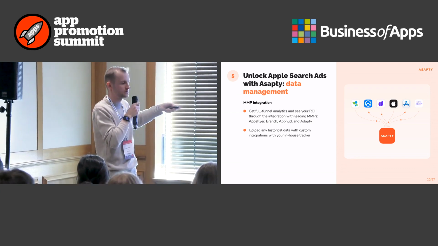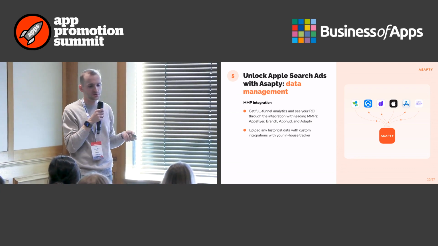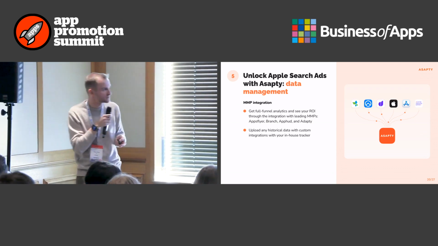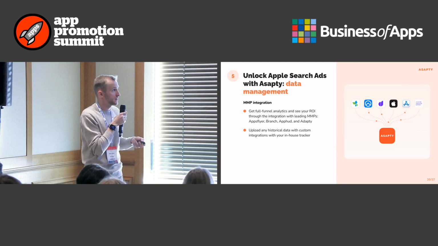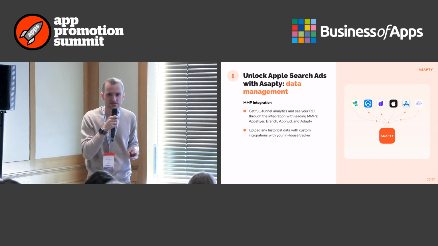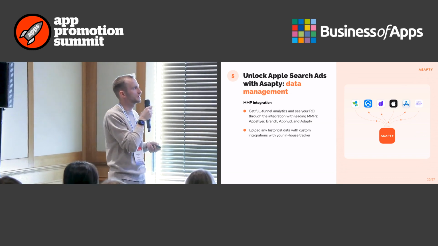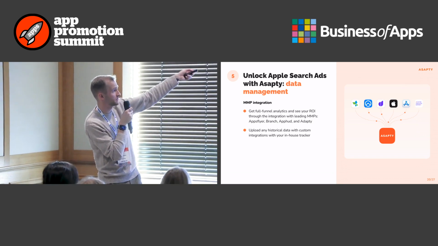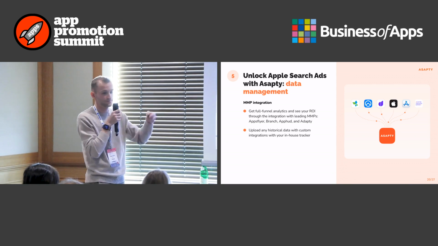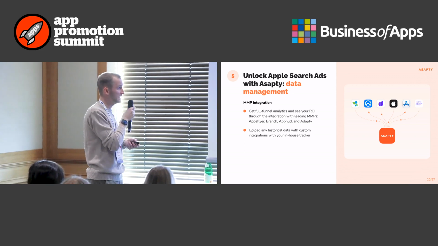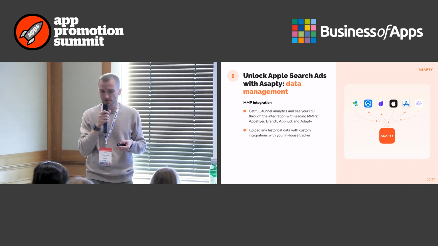MMP integrations, of course. Our service would be useless without the information from your MMPs. And we have the widest list in the game of MMPs. Obviously we have AppsFlyer, and Asapty is also presenting here today. And we're not the same company.